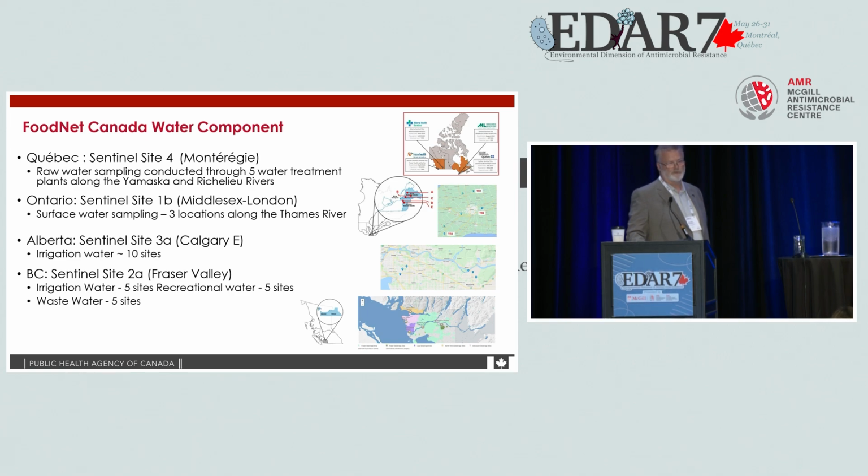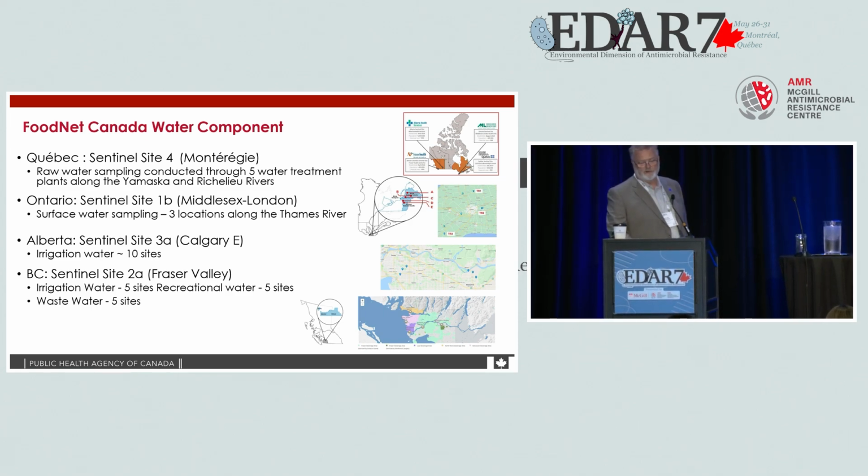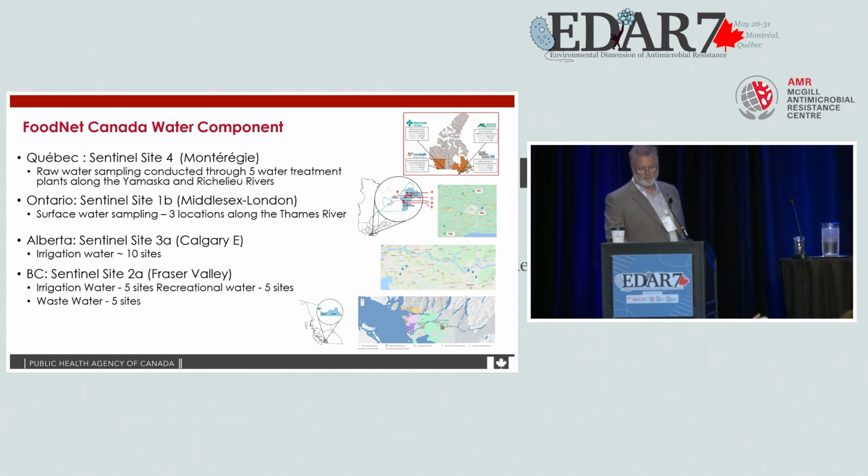We have 4 sites, one in Quebec, one in Ontario, one in Alberta, and one in British Columbia. They're mostly surface water, but we do have some wastewater sample collection in BC.